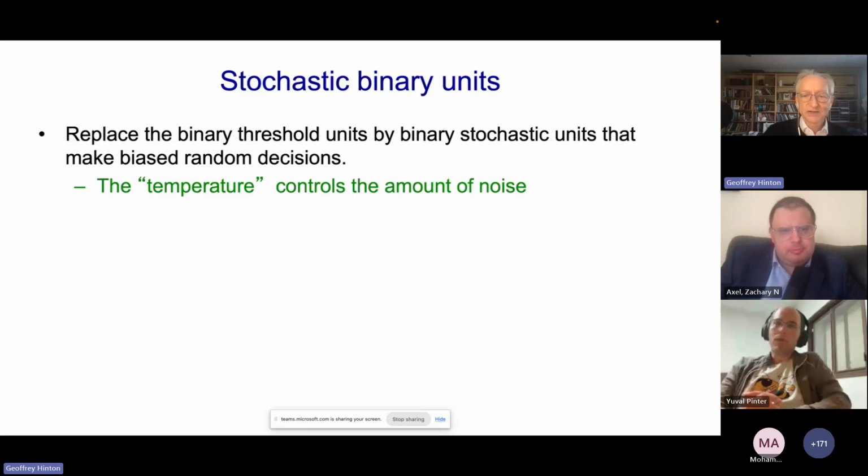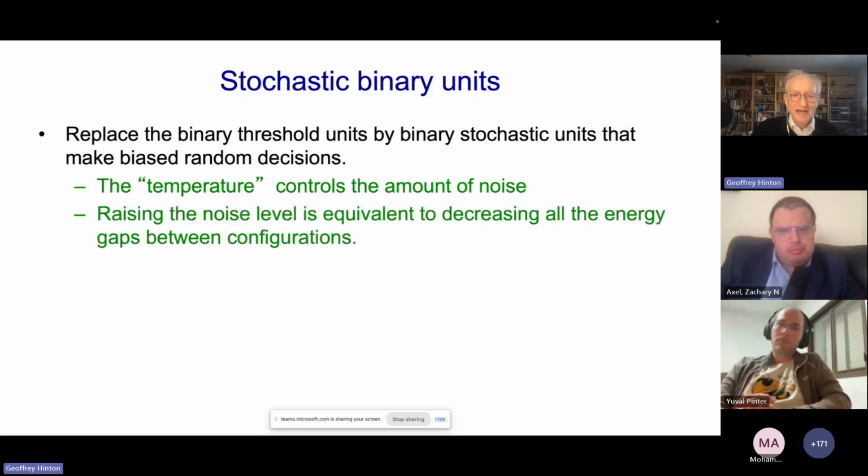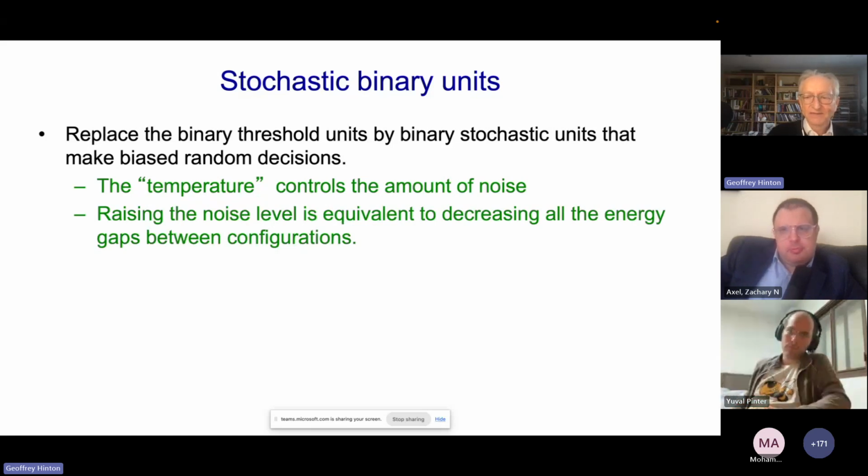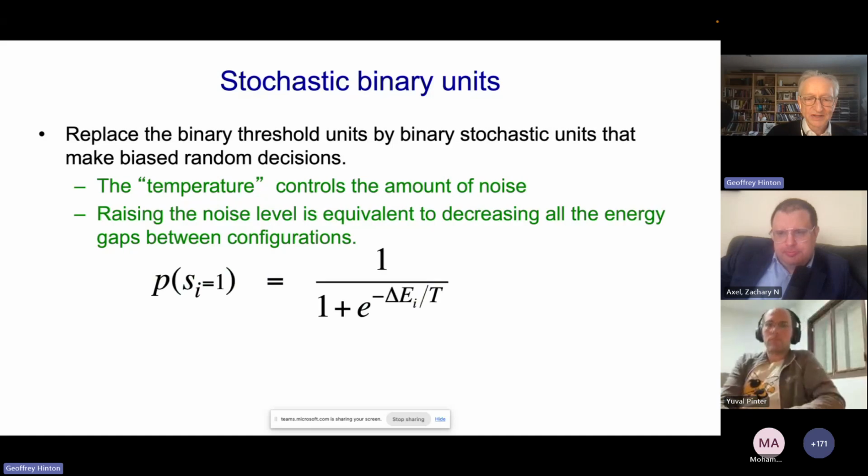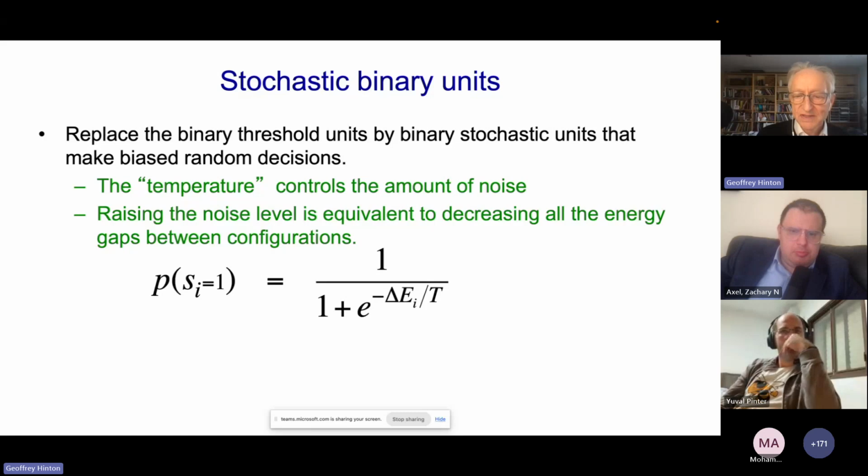So let's look at a stochastic unit. It has something called a temperature, which is the amount of noise. And the noise level has the effect of effectively decreasing energy gaps between configurations. And so the equation looks like that. In a Hopfield net, the temperature is 0.